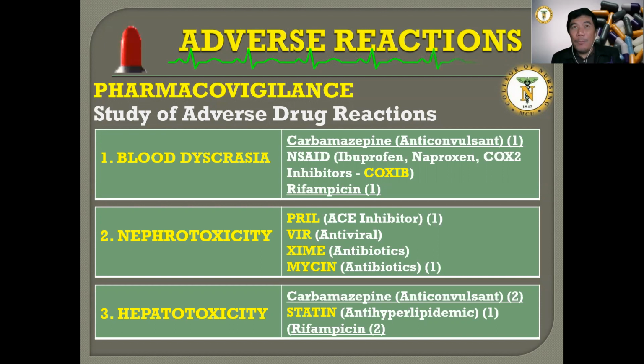Rifampicin is usually administered on an empty stomach in the morning to facilitate effective absorption. But again, class, withhold the drug if the patient with tuberculosis is already spitting blood. That's an indication of pulmonary bleeding.